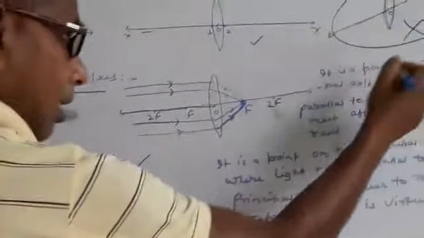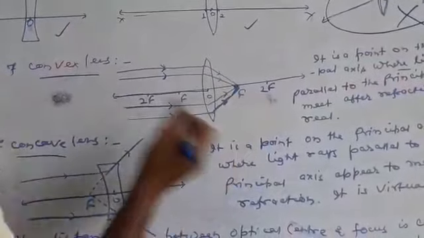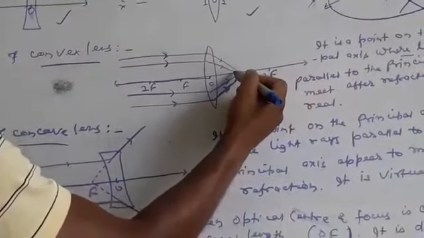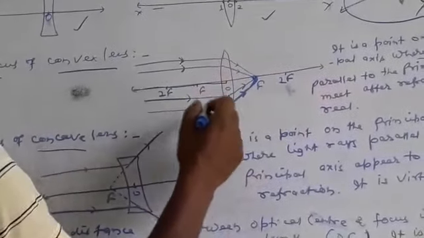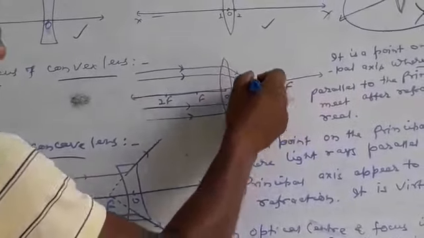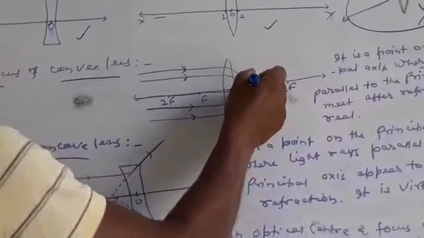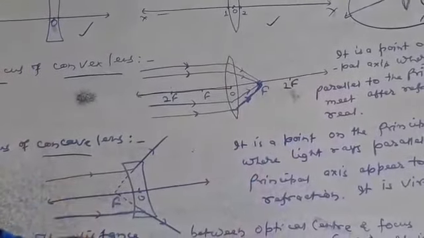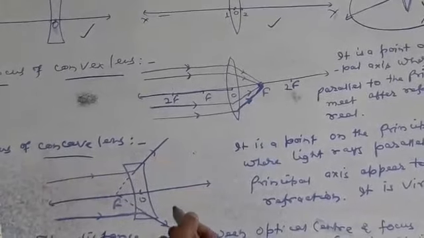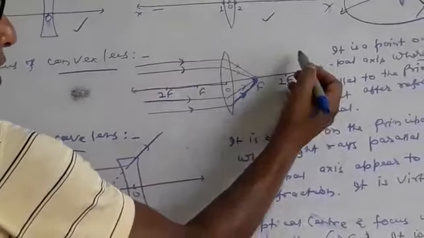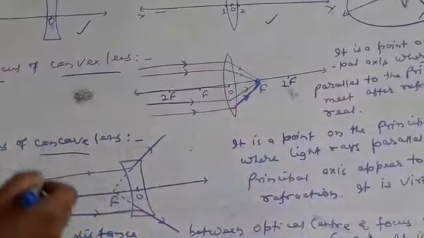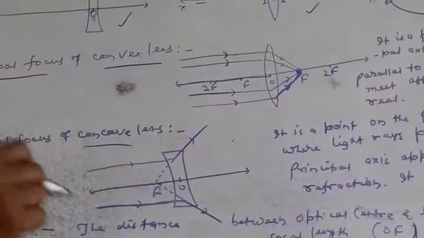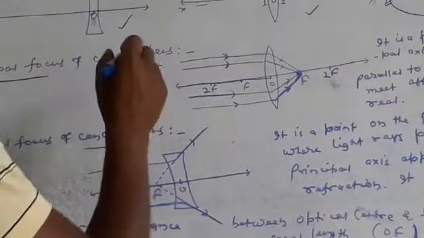It is clear here that the focus is a point on the principal axis where parallel light rays after refraction intersect. So F is the focus or principal focus of the convex lens. If any person draws the ray diagram from this side, the focus will be on this side. So there are 2 foci of a convex lens.